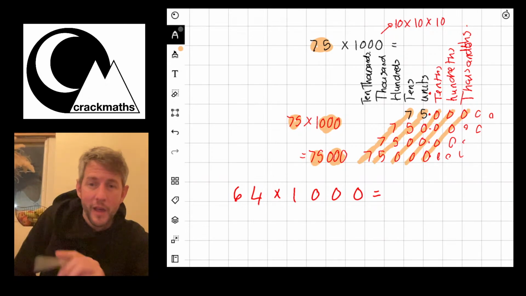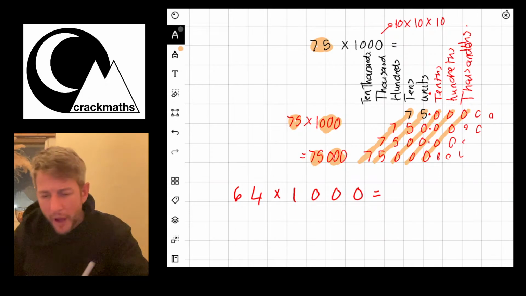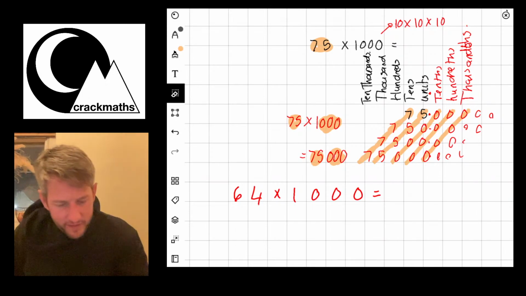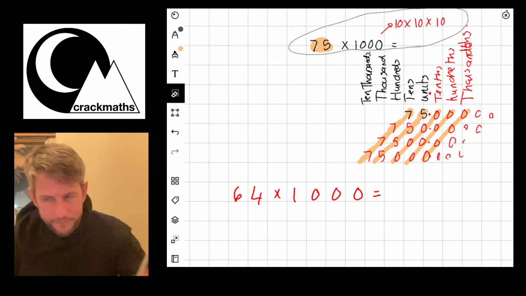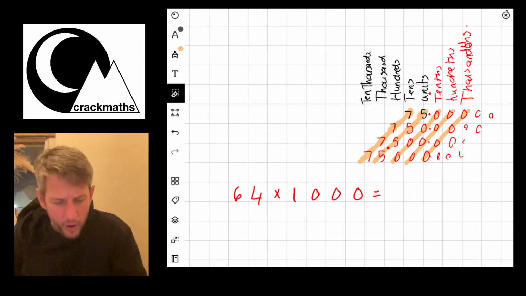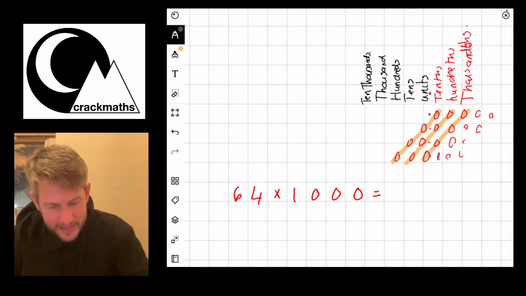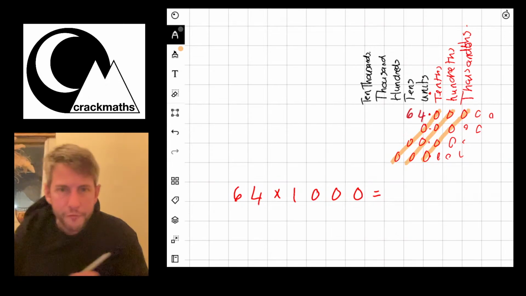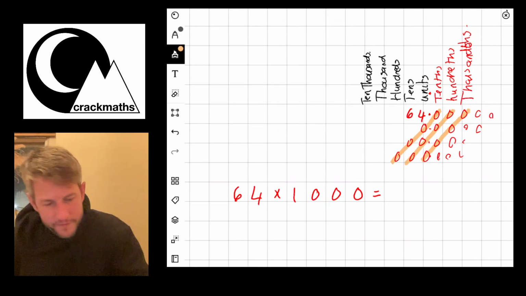Okay. Hopefully, so remember, I'm just going to repurpose this diagram. So if I just get rid of that, get rid of this. Okay, so what I can do is if this was 64, I'd have had a 6 in the tens column and a 4 in the units column, and they would have done all the shifts as well.